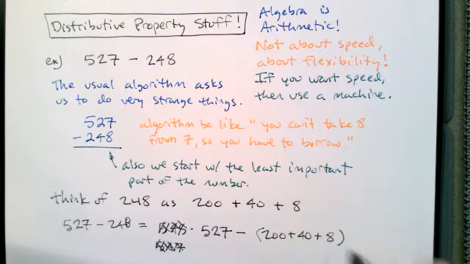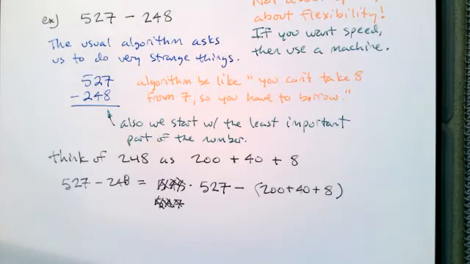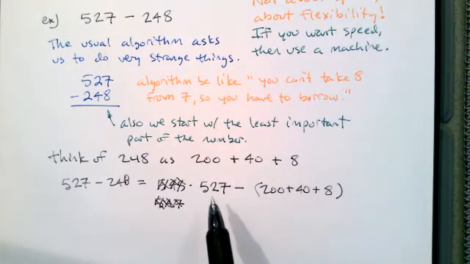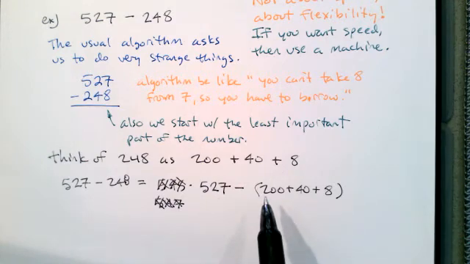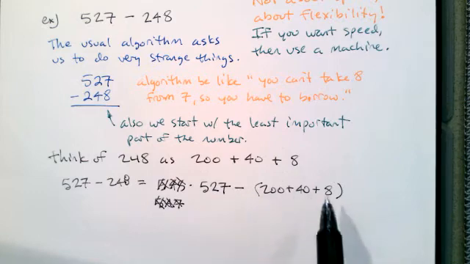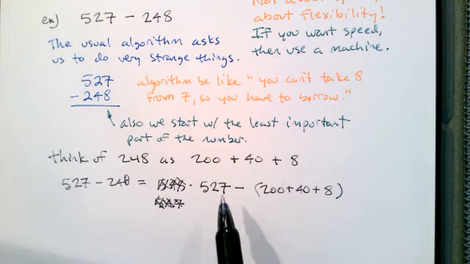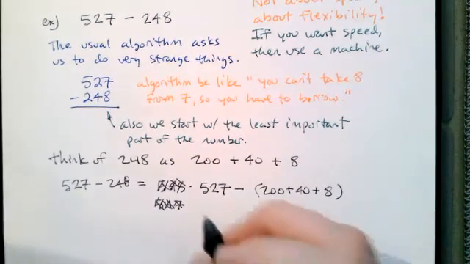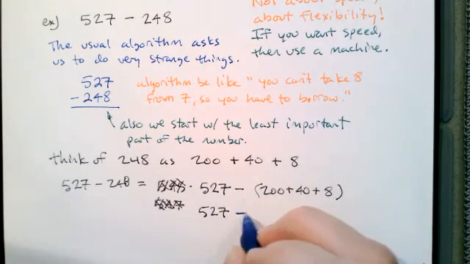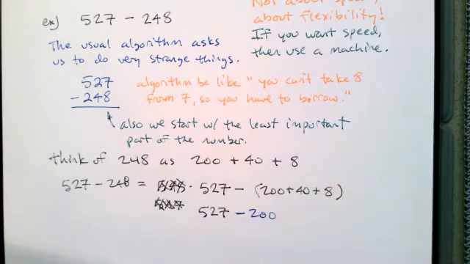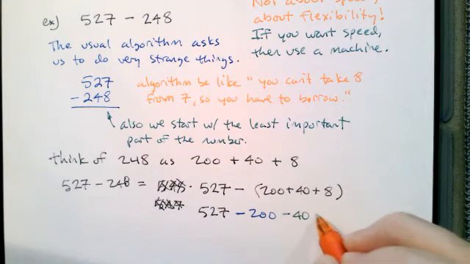But in parentheses. So the way that I usually phrase this is I say, let's subtract in pieces. Subtracting 200, 40, and 8 from 527 means subtracting a 200, subtracting a 40, and subtracting an 8.